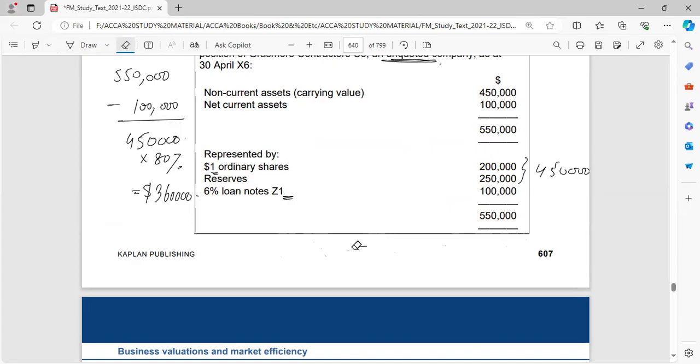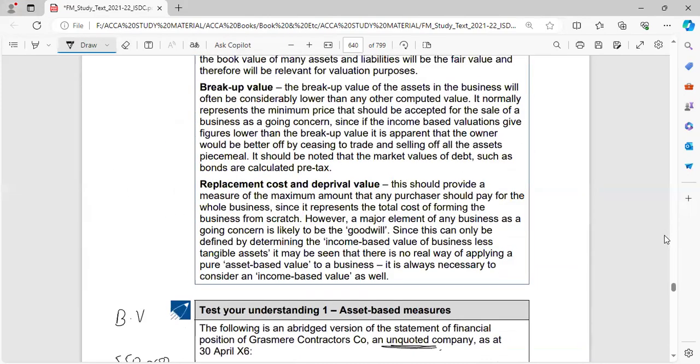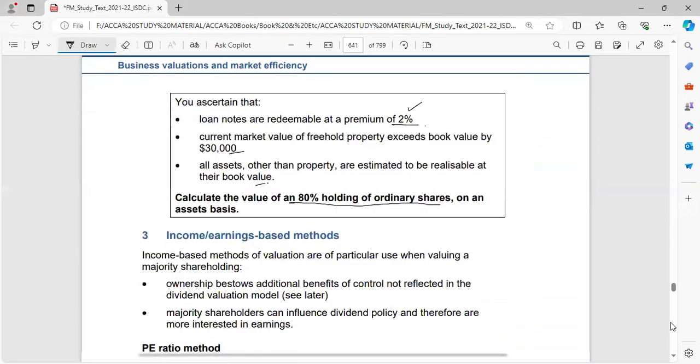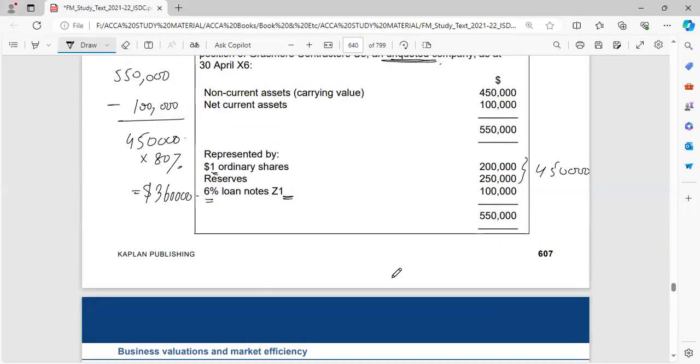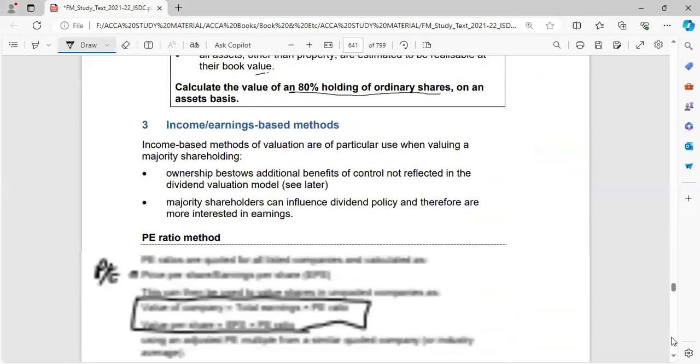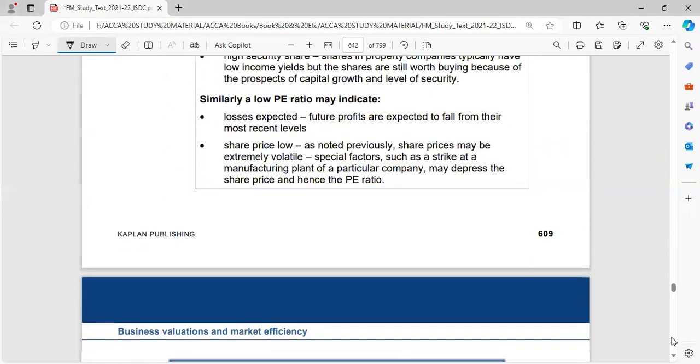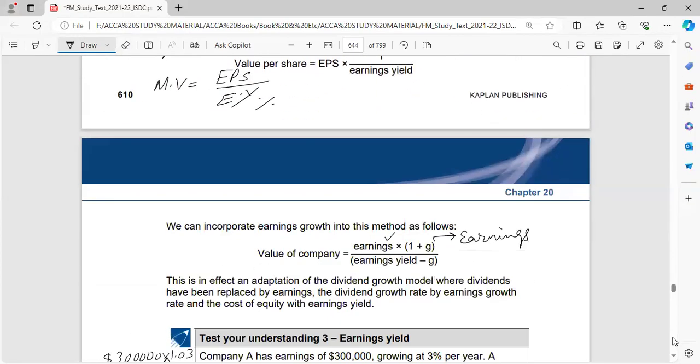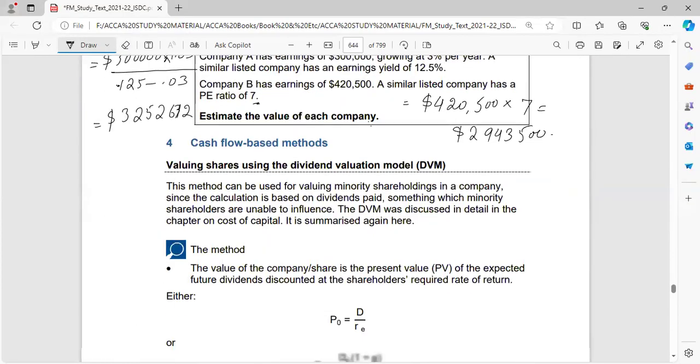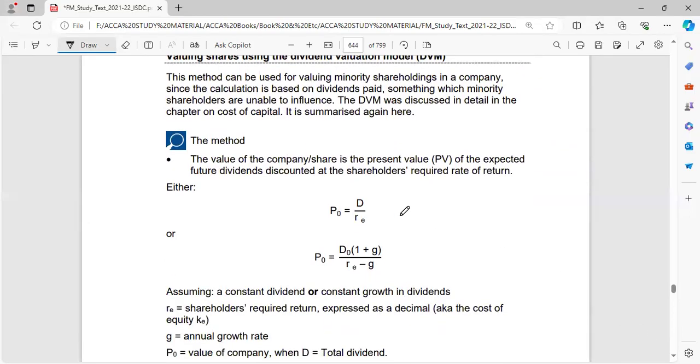First, we have to calculate the value of these loan notes. You need to learn how to calculate the market value of loan notes. 6% loan notes are provided, but cost of debt is not provided, so I'm not calculating here. Maybe in an upcoming example we will get the value. So this is the value as per net book value basis.